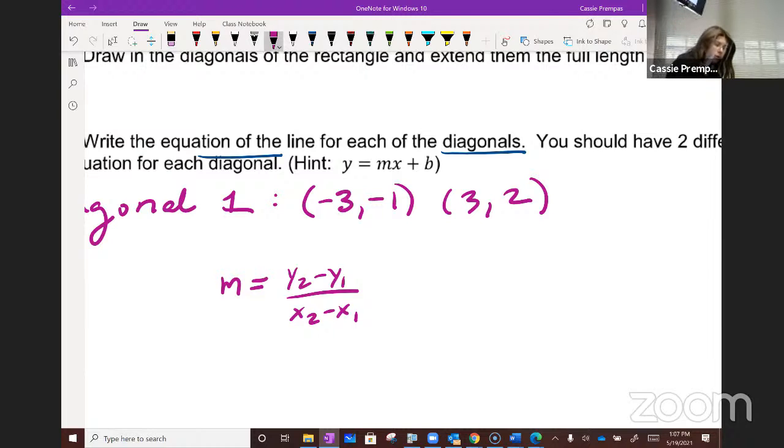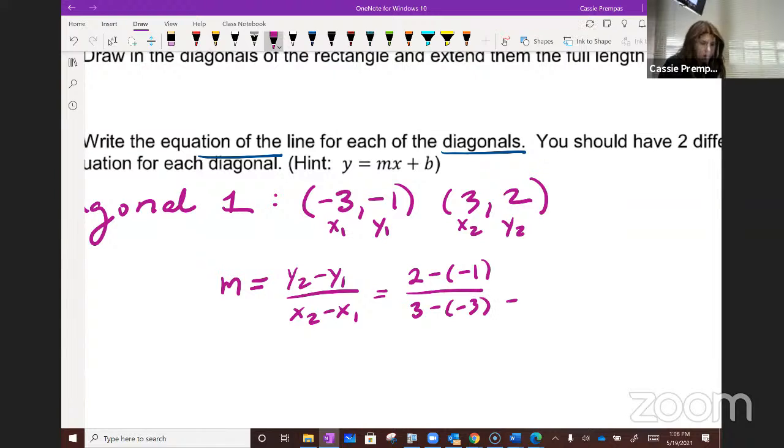You call one of your points your first point, the second point your second point, and then you calculate the change in y over change in x. So I would do 2 minus -1 over 3 minus -3. What happens when you minus a negative? Positive. Good. So this is 3 over 6. What does that reduce to? 1/2. Beautiful. Now that's the slope.